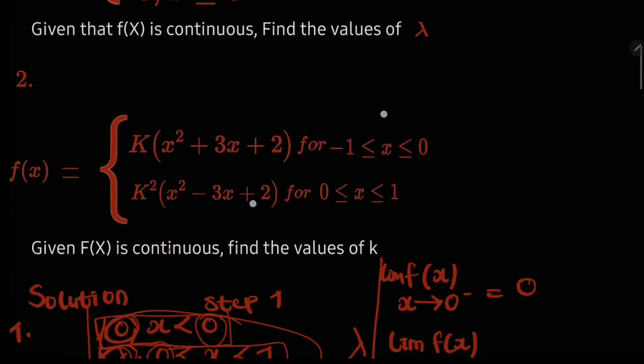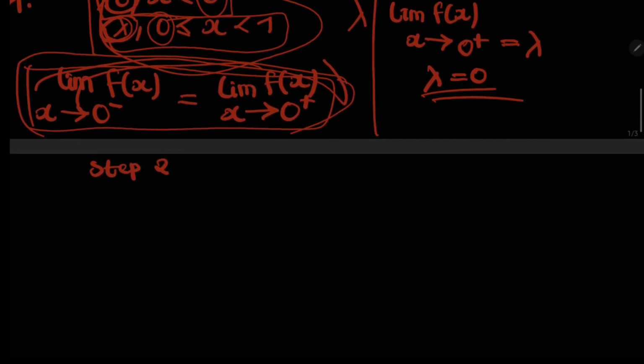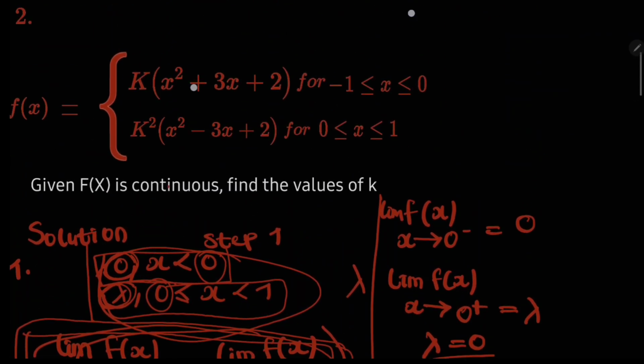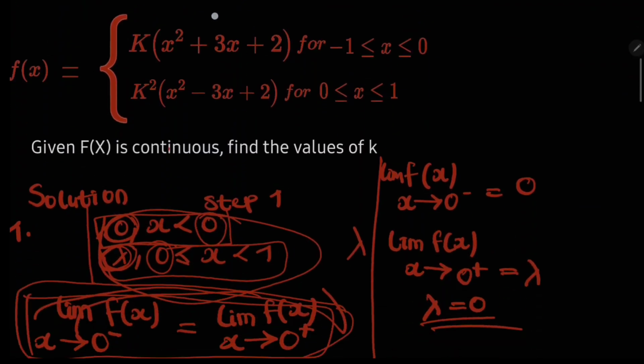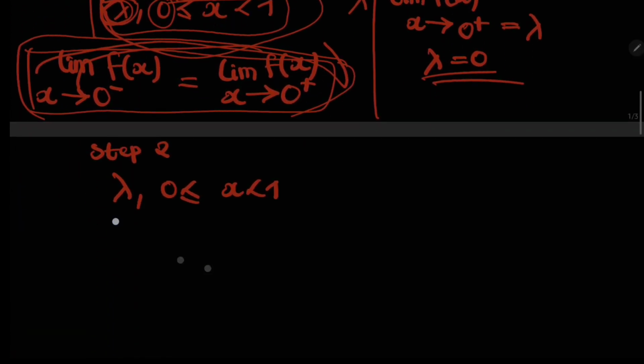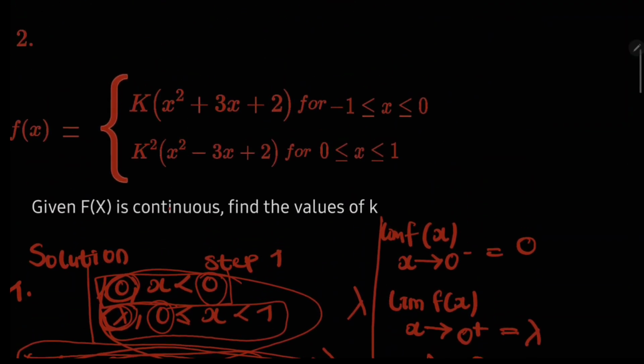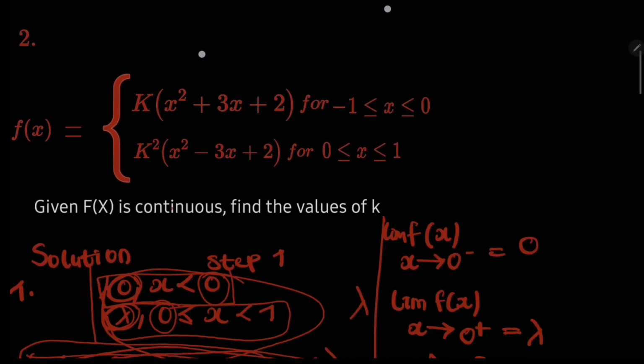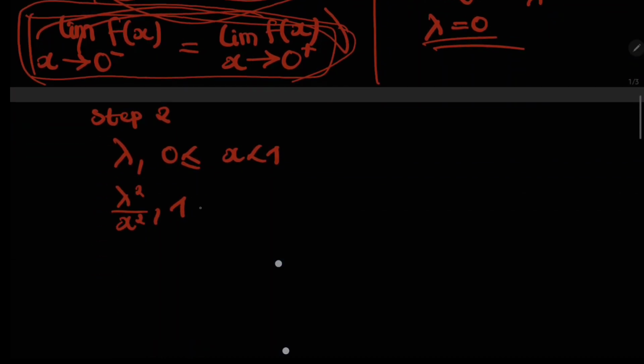Okay, so we're working with lambda, and we are also working with lambda squared x squared for 1 less than or equal to x less than 3.